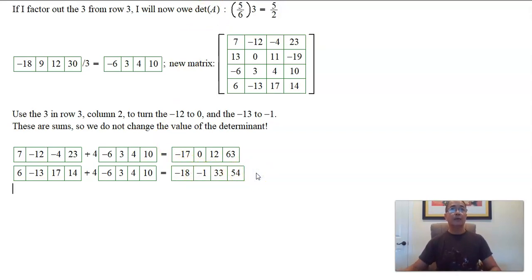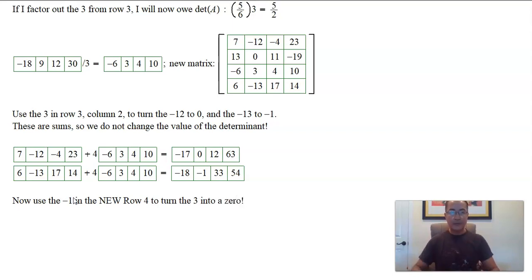Okay. So now we will turn the 3 there to a 0. Now use the minus 1 in the new row 4 to turn the 3 into a 0.